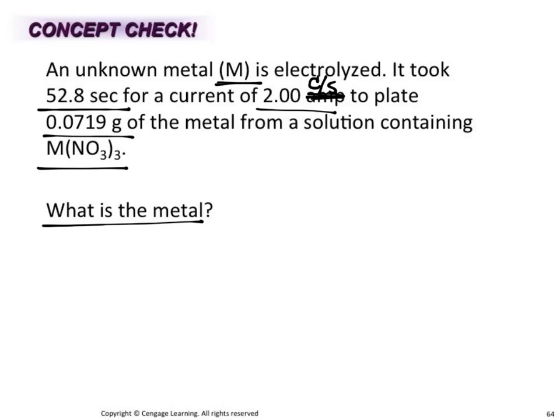I would practice this problem because I guarantee you'll see it on your test too. So, first of all, we care about M. What is the charge of M? +3. So M is +3, and if we balance that to go to M, then we need 3 electrons.